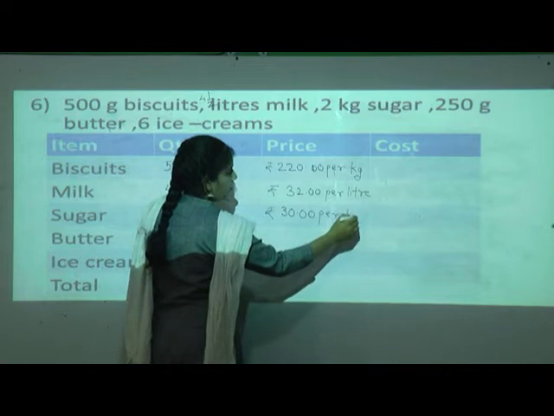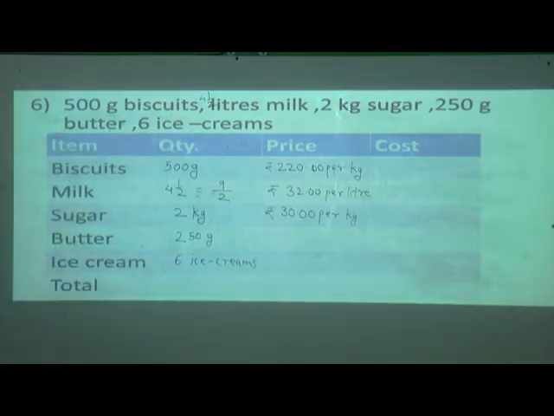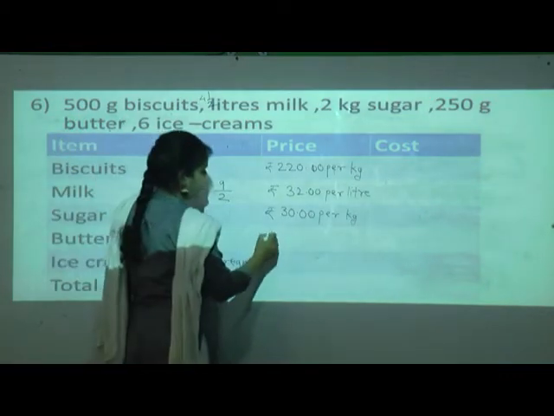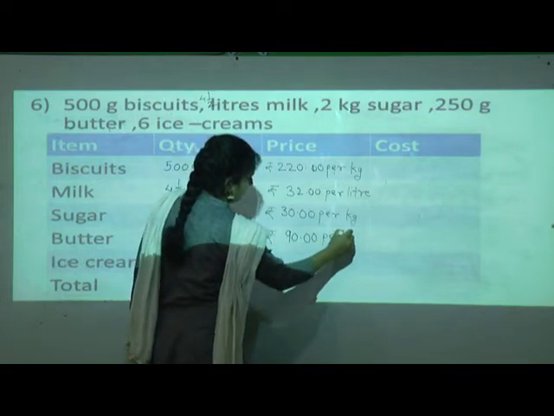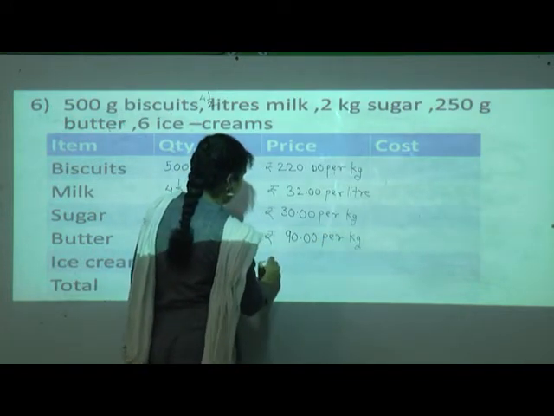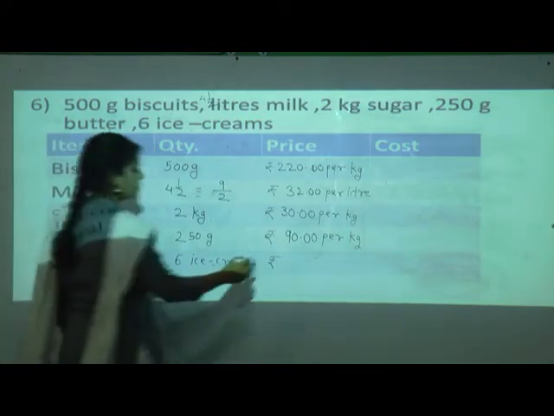These prices are already given in the supermarket's list. Okay, so from that we have to see the particular price of the item. Now butter is rupees 90 per kg. And here ice creams. Price of ice cream is rupees 20 each.